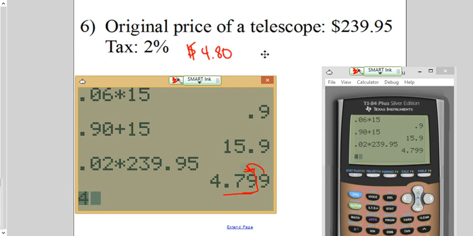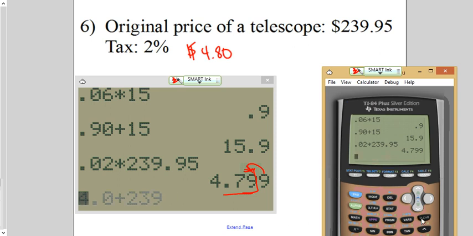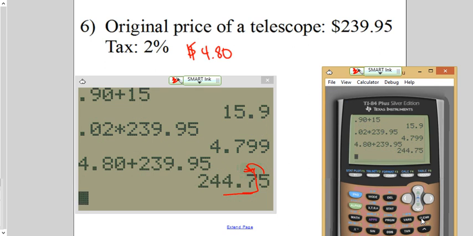So now we can add our tax onto how much the item cost, that telescope cost. Hang on, mistyped it. There we go. $244.75 is our total cost.